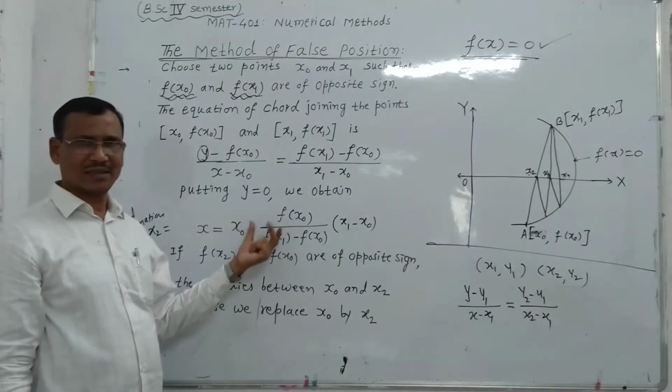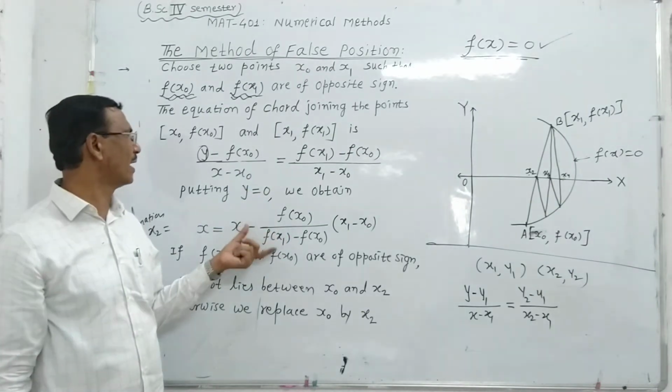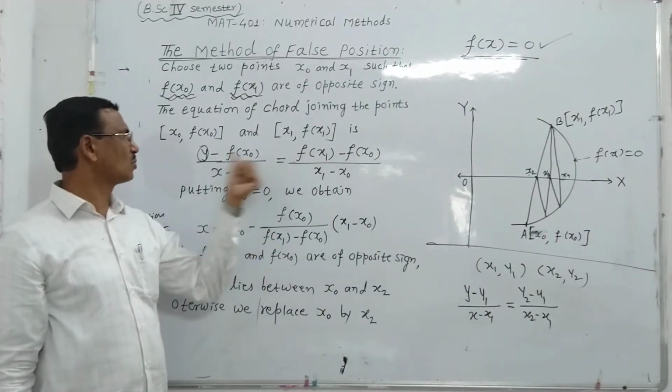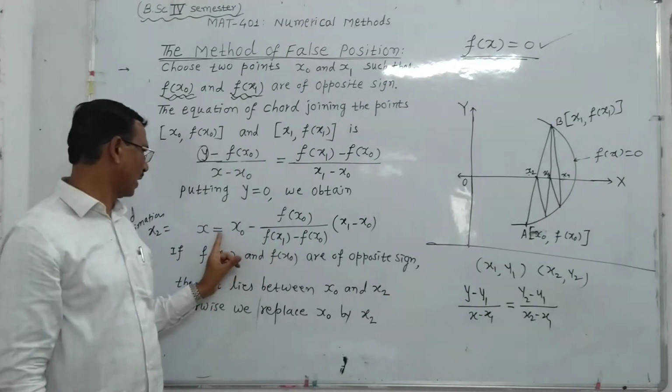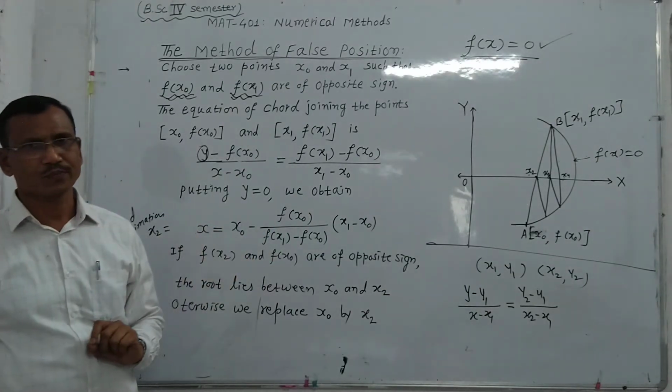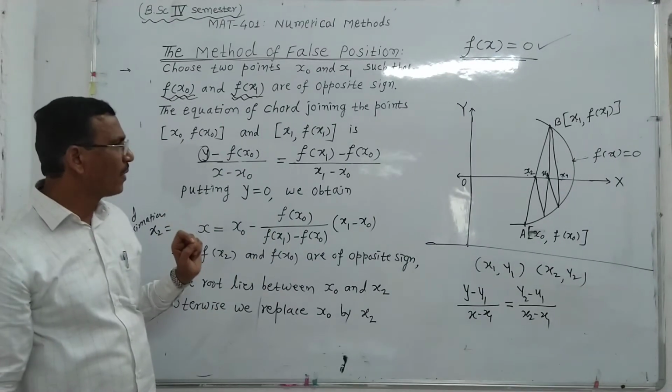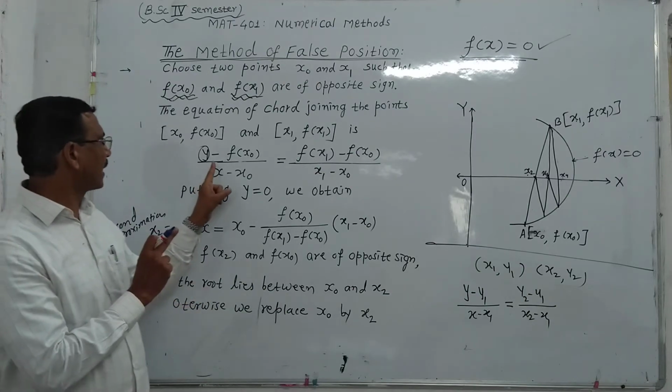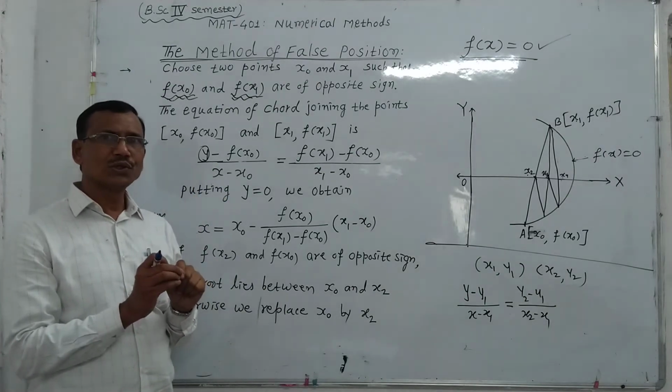This is a simple calculation, which I have not written here. By taking cross multiplication and simplifying, you will get the value of x like this, after taking y equal to 0.